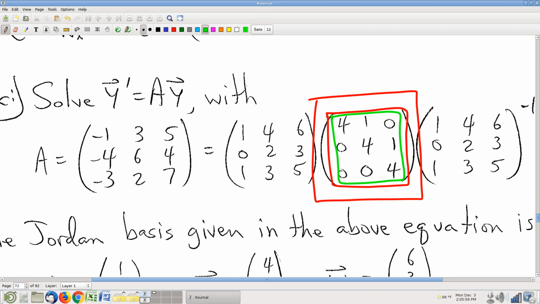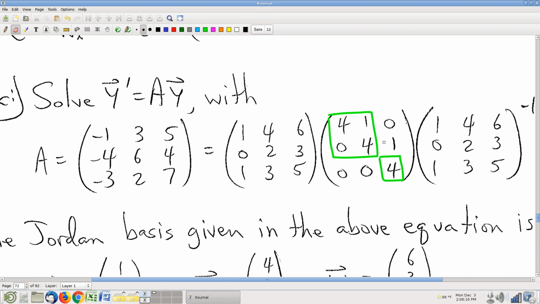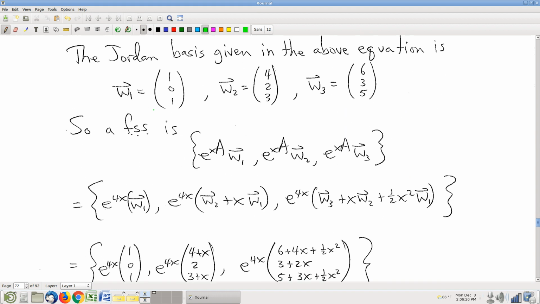So he asks the question, what if this was a 0? Right? And then our Jordan structure would be like this. And then how would it apply? Okay, so again, that's the very next thing I wanted to talk about, so thanks for the segue. And here's how that works.